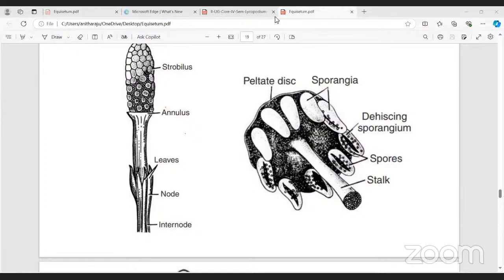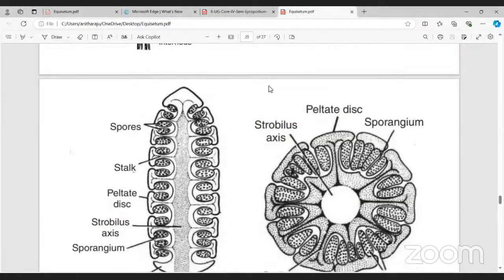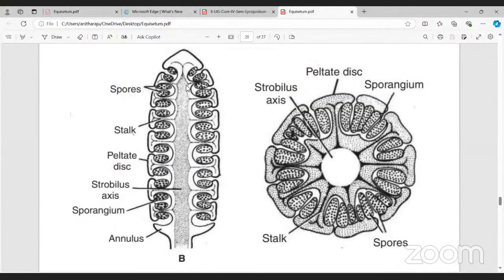If you take the entire longitudinal section, the diagram would be like this. This is the axis, and from the axis the stalk arises, bearing the disc.